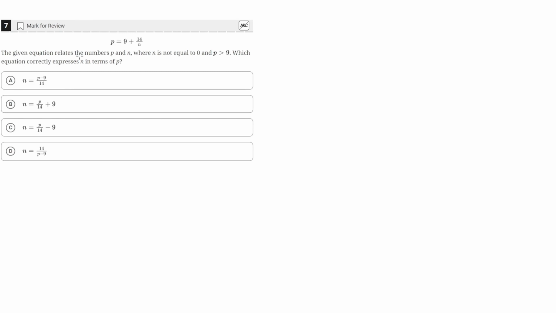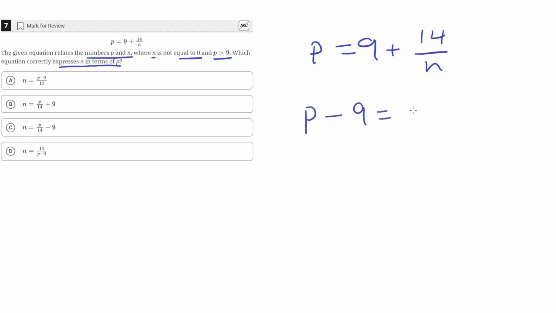The given equation relates the numbers p and n, where n is not equal to 0 and p is greater than 9. Which equation correctly expresses n in terms of p? So we have this equation, p equals 9 plus 14 over n, and we just need to solve for n in terms of p. So we just need to isolate n. First we can move the 9 to the other side by subtracting 9 from both sides. So p minus 9 equals 14 over n.